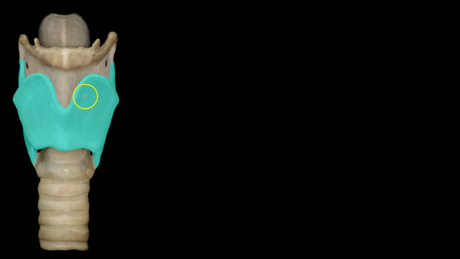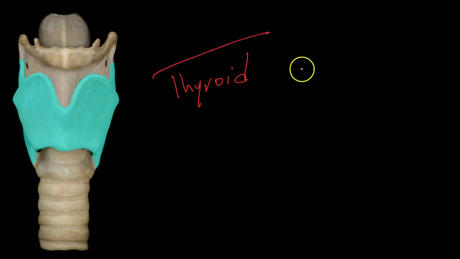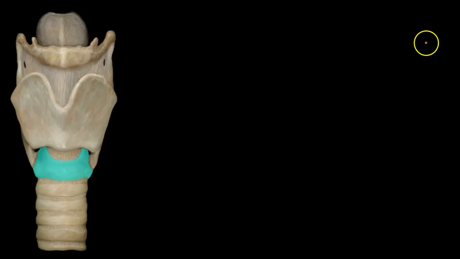Below the hyoid bone, we have this large hyaline cartilage, which is the thyroid cartilage. So we have the thyroid cartilage here. Next, you can see the cartilage below the thyroid cartilage, which is the cricoid cartilage.